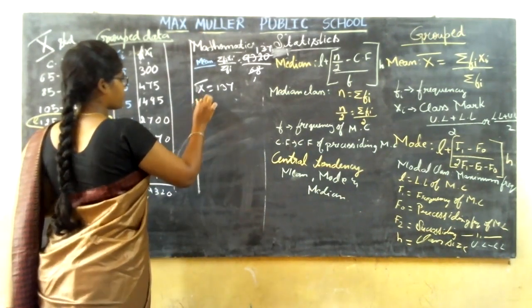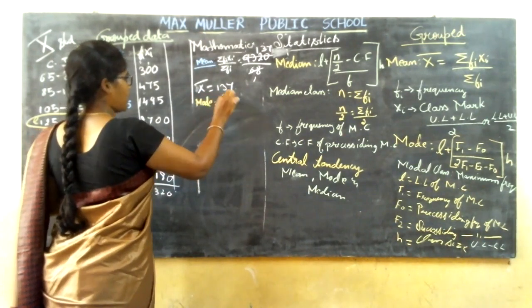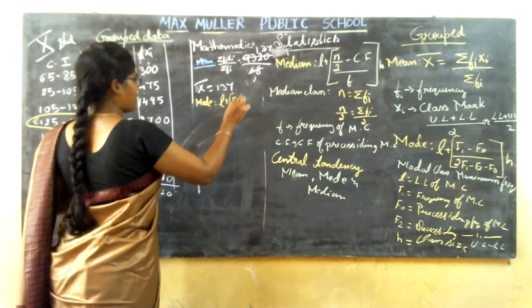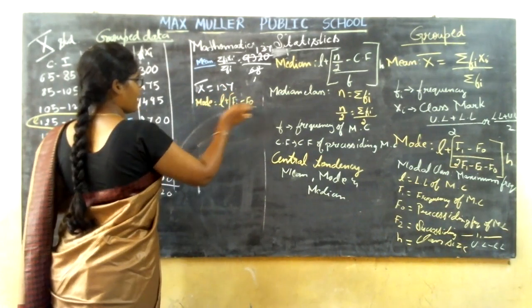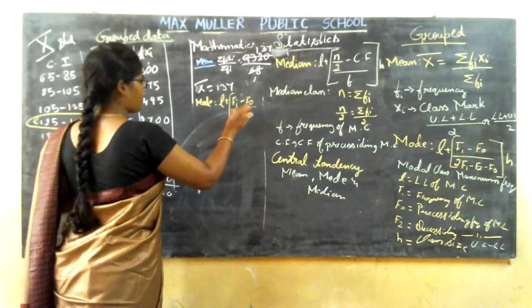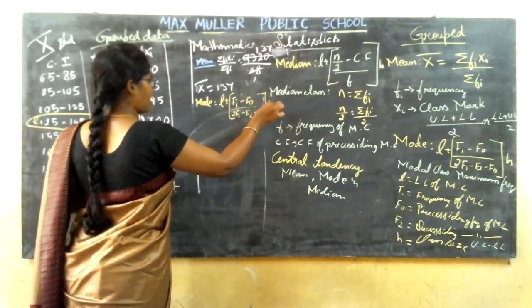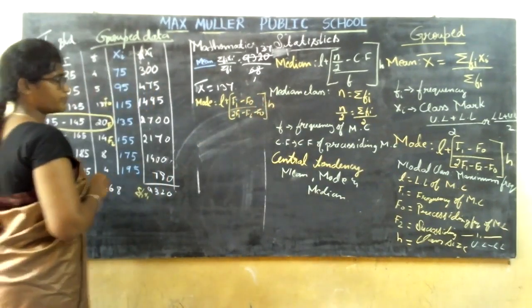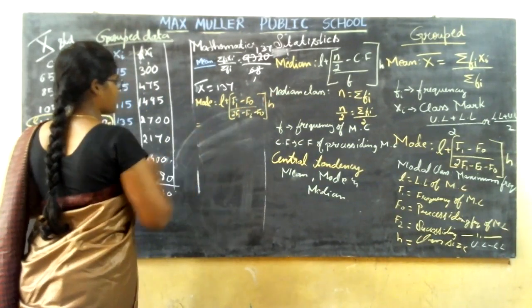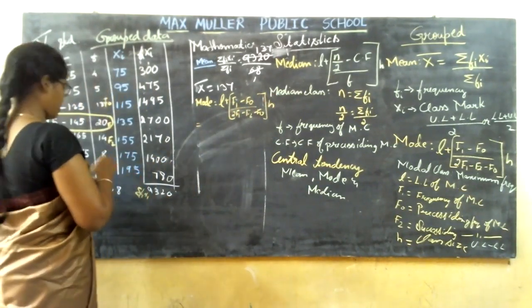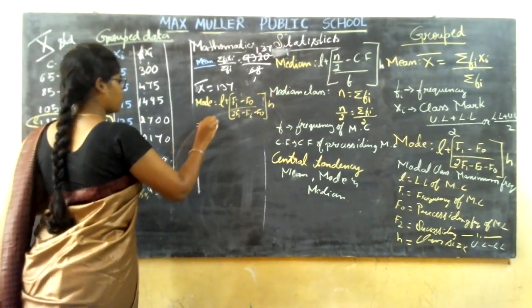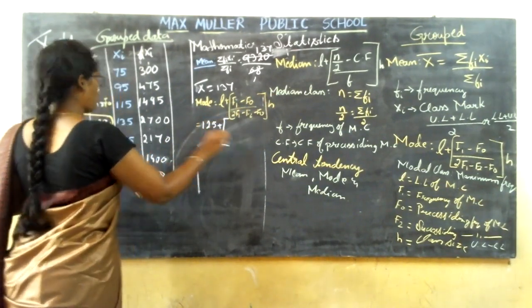Mode is equal to L plus F1 minus F0 divided by 2F1 minus F2 minus F0 into H. Correct? Now, what is the formula you get? What is the L lower value that you have, 125 plus what is F1?